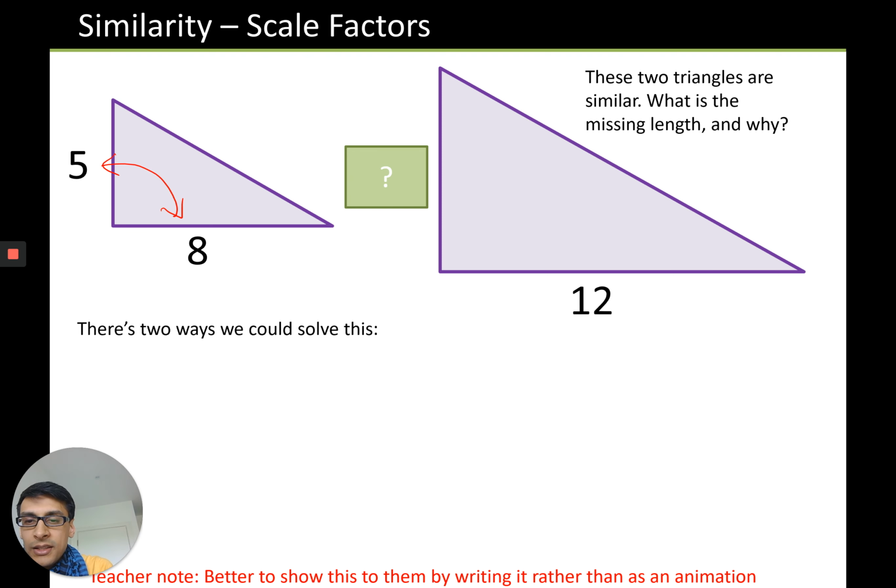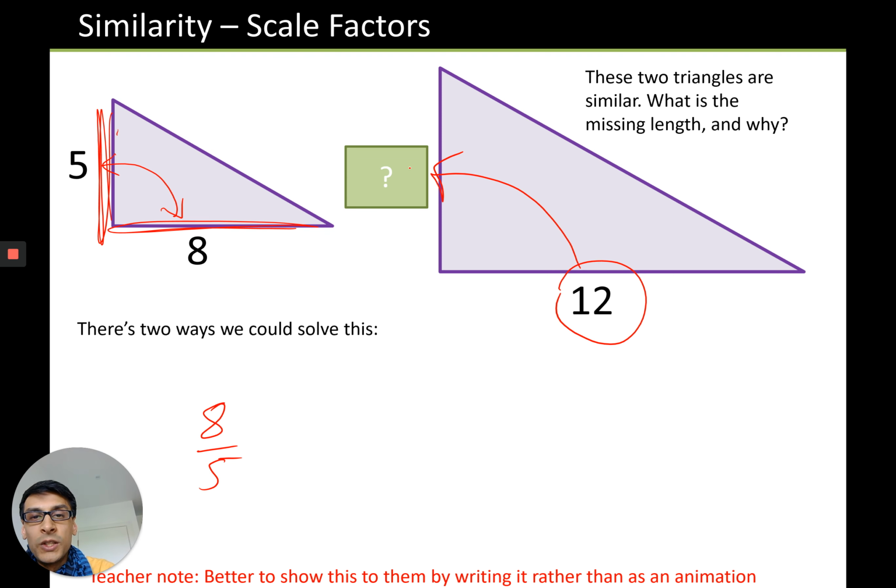What we can say is, if I divide the long length by the short length, or the other way around, I'm just going to do 8 over 5, then I will get the same answer as when I do 12 divided by, let's just call this x for now, because that ratio will be the same. I've realized it's better for me to flip the fractions. So I'm going to flip both of the fractions because I can do that. So it's just going to be 5 over 8 is equal to x over 12.